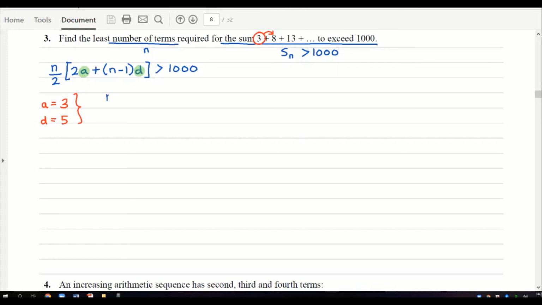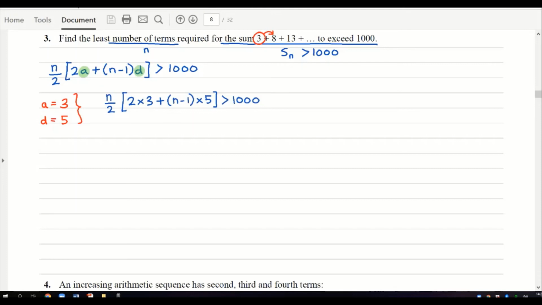So we have n over 2 multiplied by 2a, so that's 2 multiplied by 3, added to n subtract 1 multiplied by d, so that's n subtract 1 multiplied by 5, and this has to exceed 1,000.